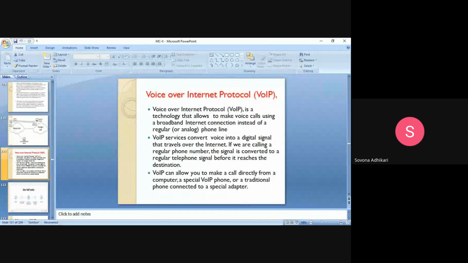Then VoIP, voice over internet protocol. VoIP is a technology that allows you to make voice calls using a broadband internet connection instead of a regular phone line.